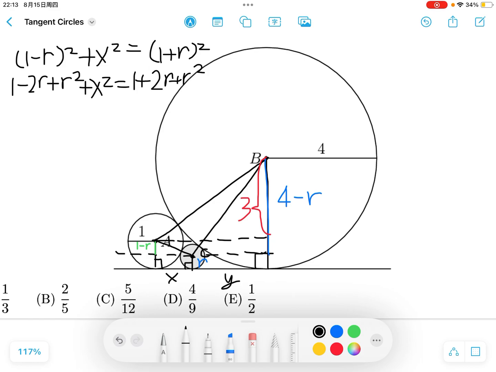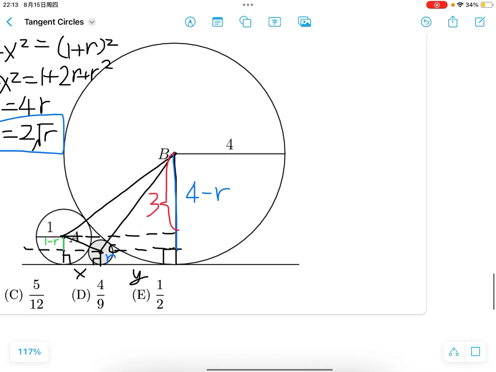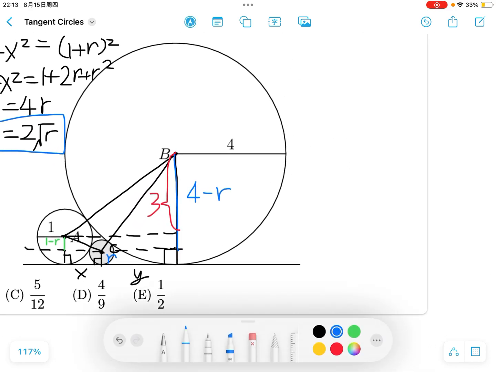Then if we subtract 1 plus 2R from both sides, X squared is equal to 4R. X is going to be equal to 2 root R. Just remember this, or jot it down somewhere, because it's important.